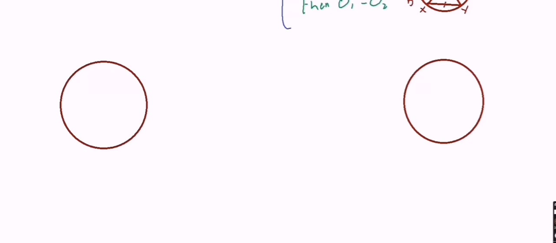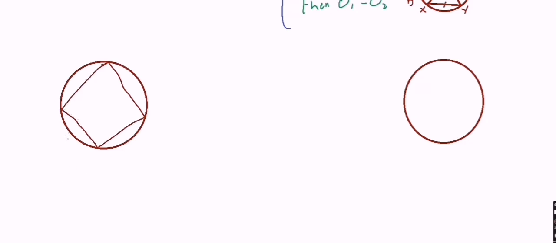First, define what a cyclic quad is. A cyclic quad is any figure, and I'm going to show you an example here. It's any figure that has a circle around it and four sides or four points touching the circumference.